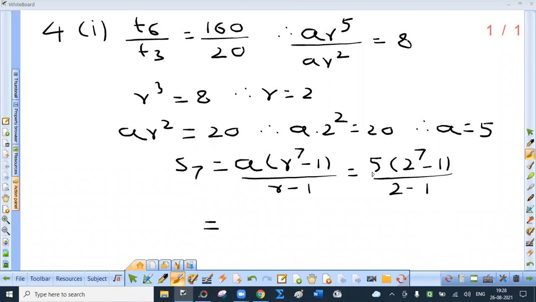So S7 will be this one. Substitute the values. Tell me what is the final answer. It will be 5 into 128 minus 1, that is 5 into 127. That is 635. Check this.